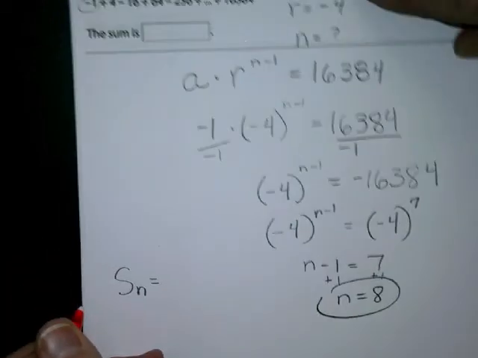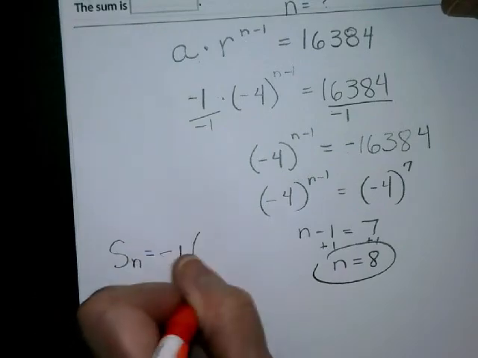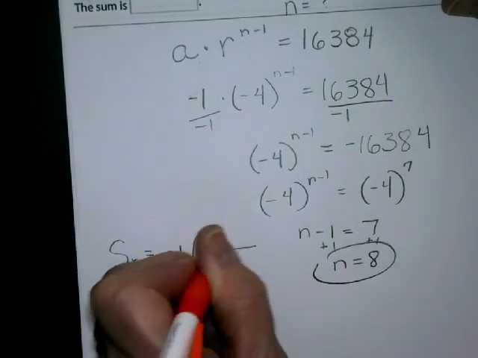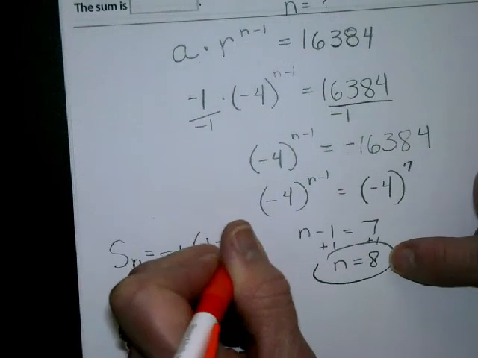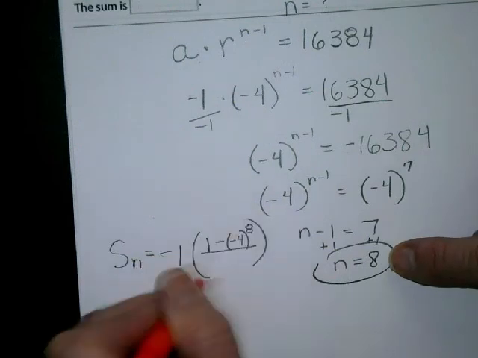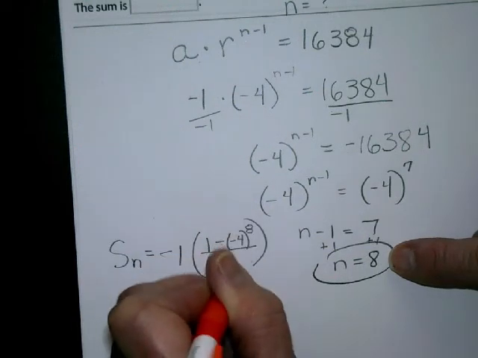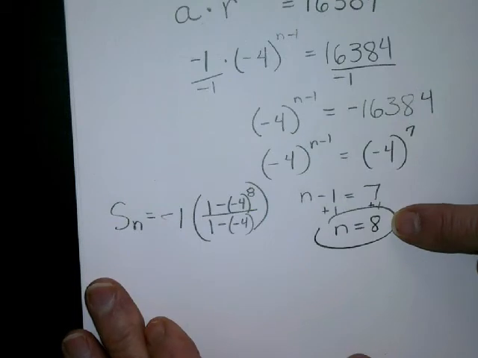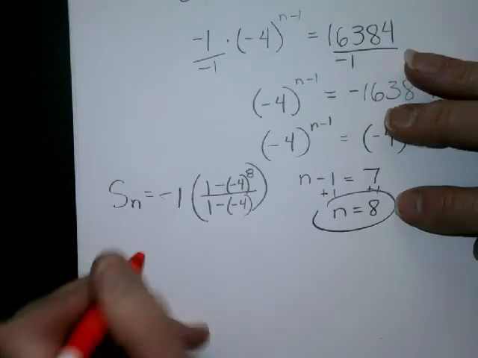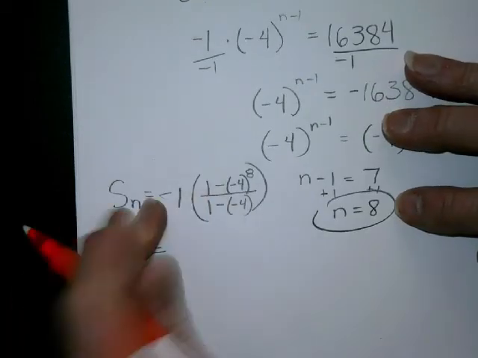So S sub n is a, which we had up here as a negative 1, times my ratio of 1 minus r, which is a negative 4, to the n power, 8, over 1 minus a negative 4.